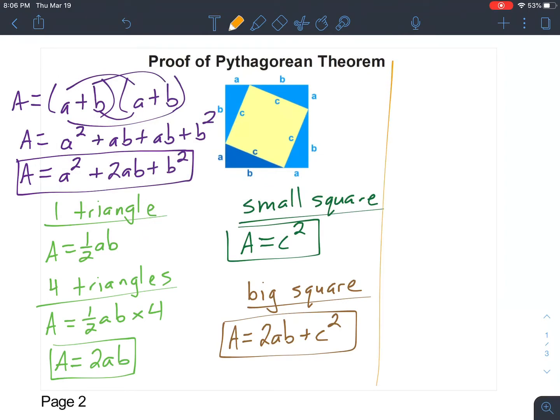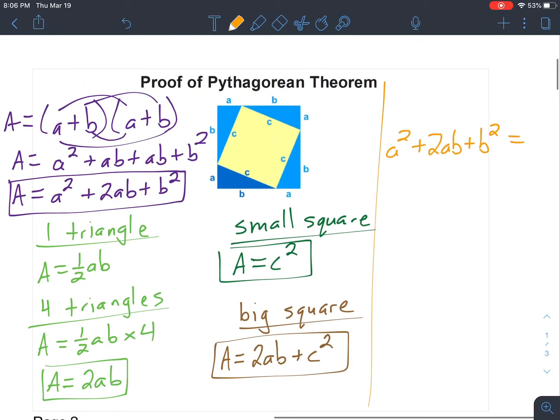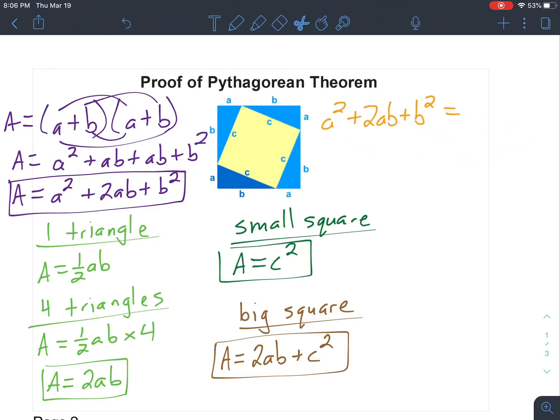So we should set them equal, and simplify to see what will happen. I've got a squared plus 2ab plus b squared equals, and then, oh, I've kind of run out of space here. So it will be 2ab plus c squared equal to that.